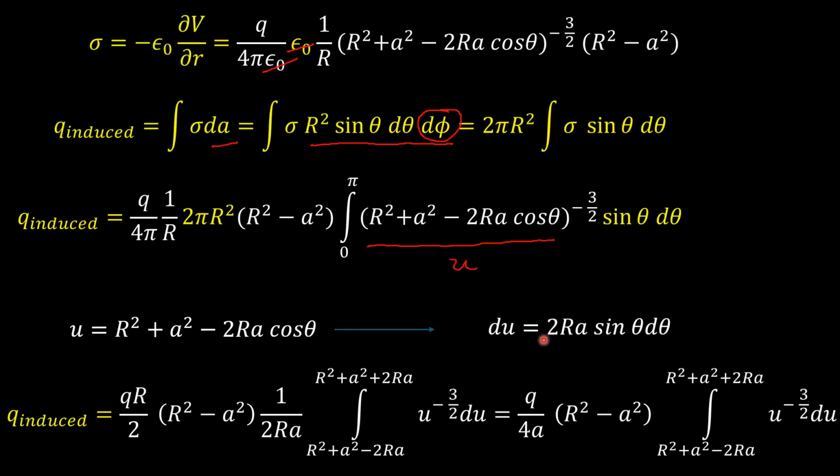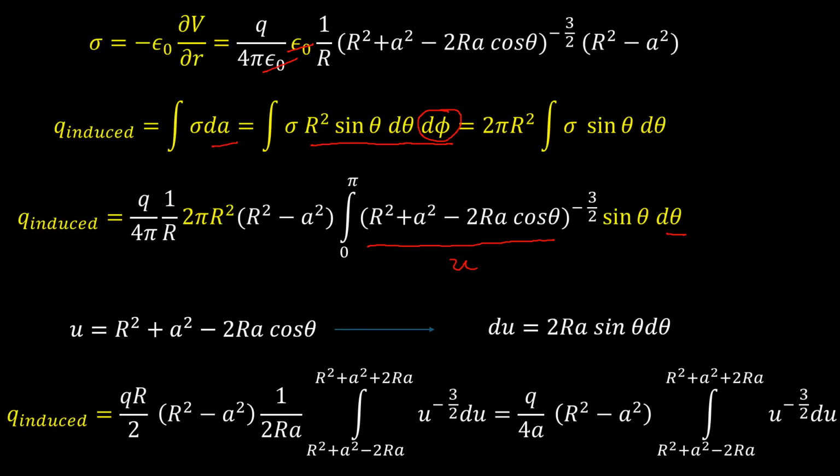So minus of minus will become plus 2 R a sin theta d theta. Then what is d theta? You bring the other thing to the left side.